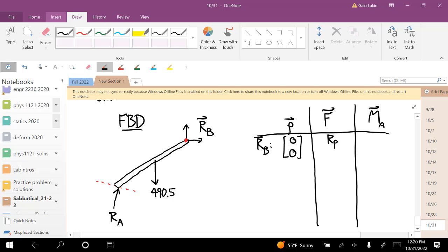The force is RBX, RBY. Cross product is 0. Then the weight force. So the row vector is negative 0.766, negative 0.643.